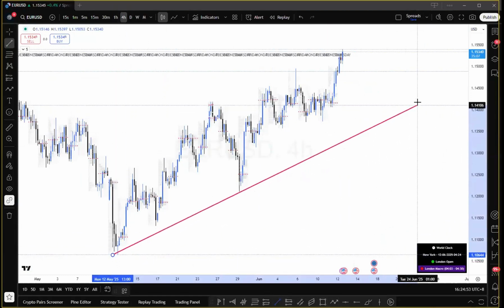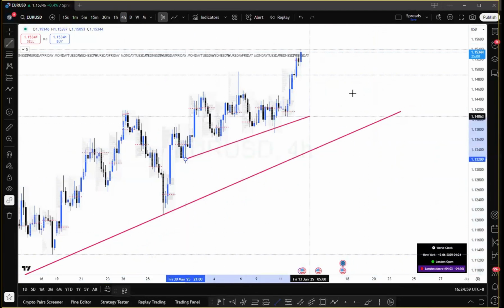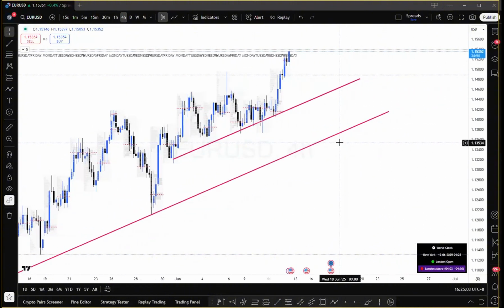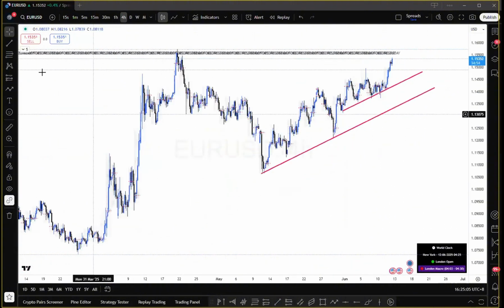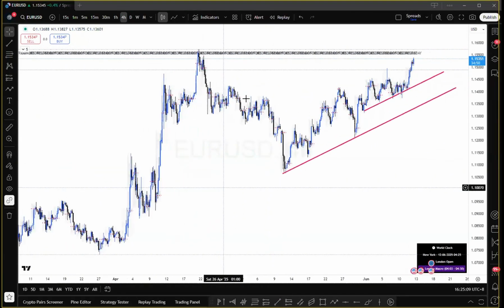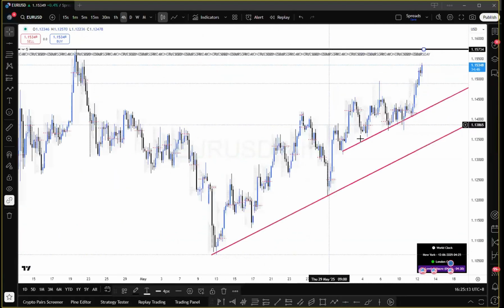A couple of movements to be kind of bullish for euro. And then the final one will be this level here. That will be your previous high.